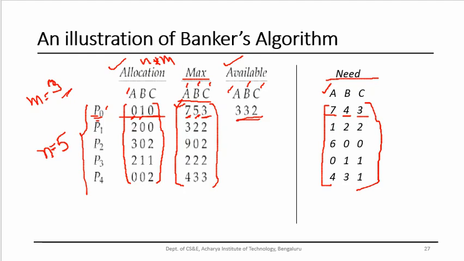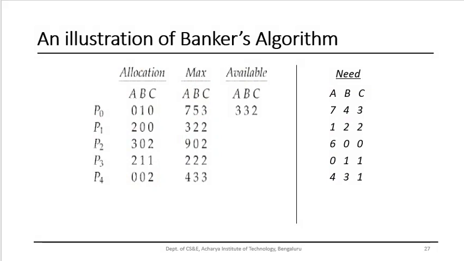So what is the order of the matrix? It is n cross m, where n is the number of processes and m is the number of resource types. Now let me erase whatever I have written. What are the data structures that we have? We have allocation, indicating how many instances of resource types have been allocated to these five processes.